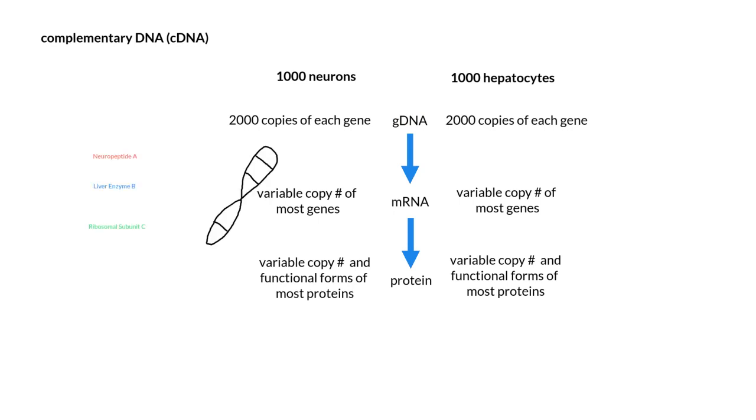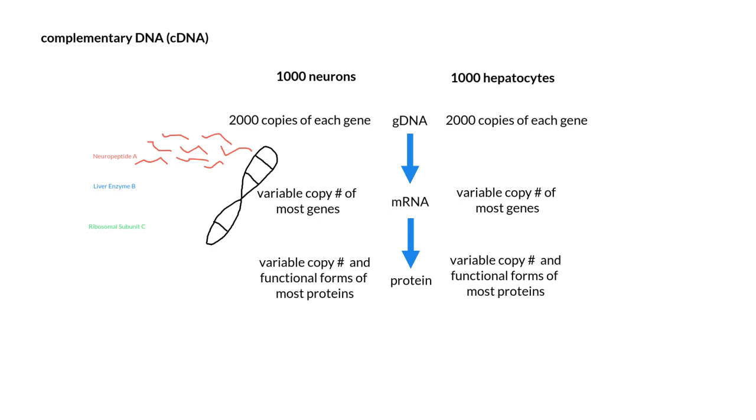Now, if we contrast the messenger RNA in those samples to genomic DNA, we'll see that in neuron cells, you may have lots and lots of copies of neuropeptide A being made from its genetic locus on chromosome 7 there. And that's because neuron cells are going to be potentially using that particular transcript to build a lot of the neuropeptide A protein.